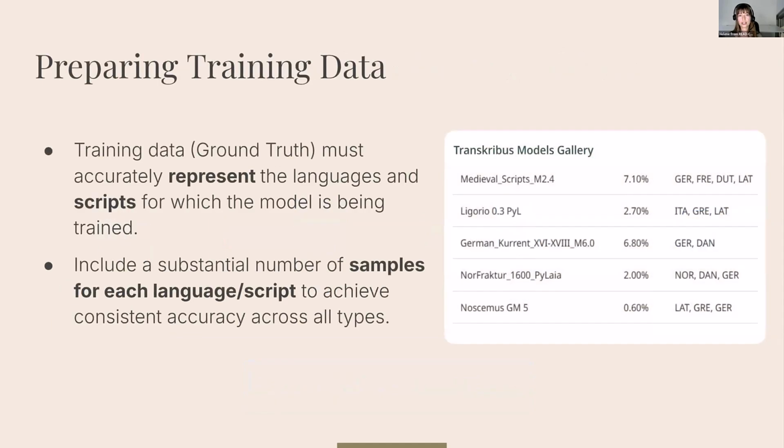Again, the training data should really accurately represent the languages and especially the scripts that the model is being trained for. To do that, you include a substantial number of samples, or ground truth pages, for each language and especially for each script to achieve this consistency across all the different types of scripts and hands.